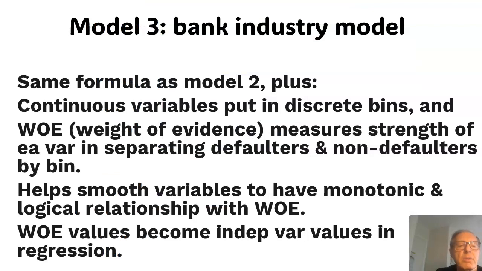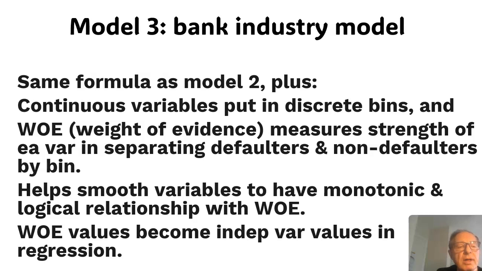Now we'll go to model 3, which is the bank industry model, which is a little different from the model I just created. I'm going to use the same variables as my regression formula, but I'm going to do 2 additional things that the bank industry does.